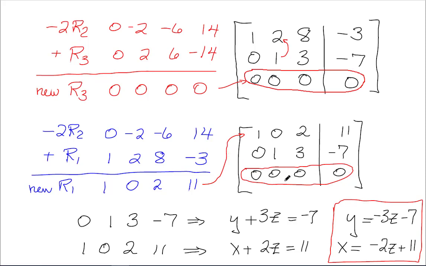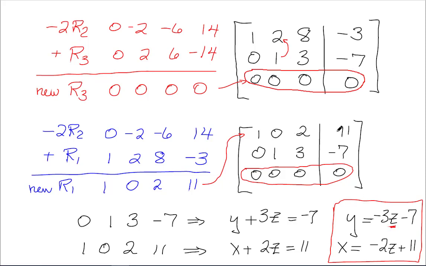Now what does all this mean if it's a row of all zeros? Well, let's take 0, 1, 3, minus 7 and put back in all the variables. So 1y plus 3z equals minus 7. And if I solve it for y, I get this relationship for y that depends on z.